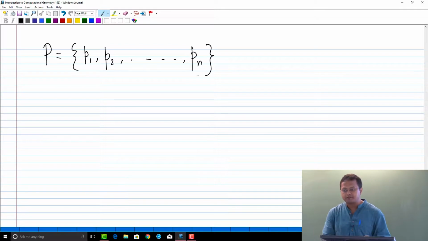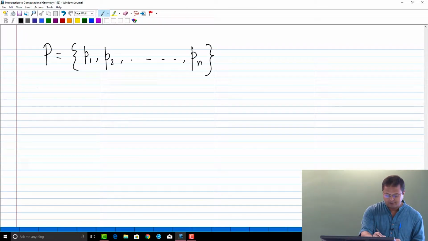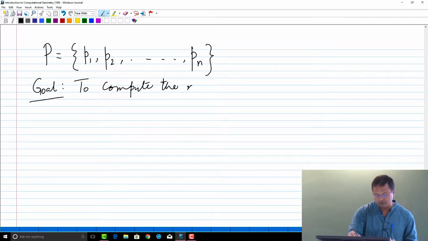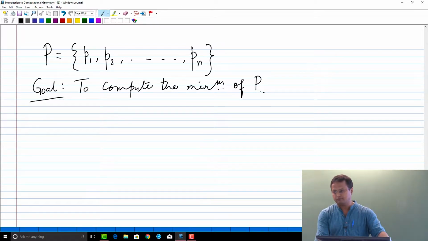You have n points and your goal is to compute the minimum of P. Okay. So, what is the simple algorithm that you know for computing the minimum?